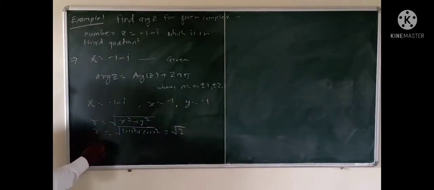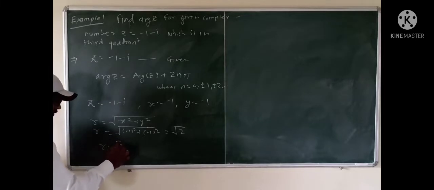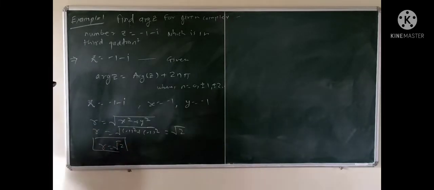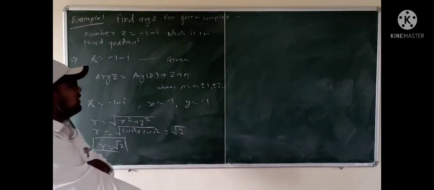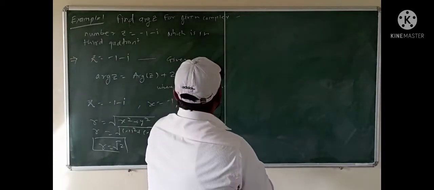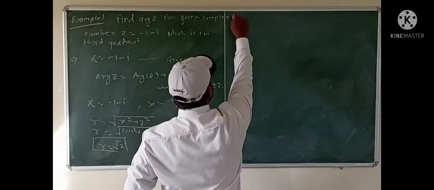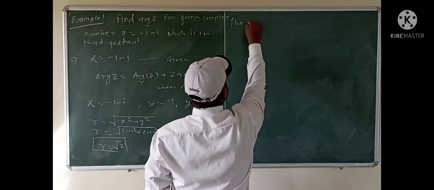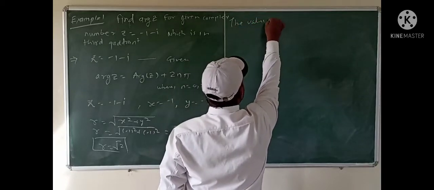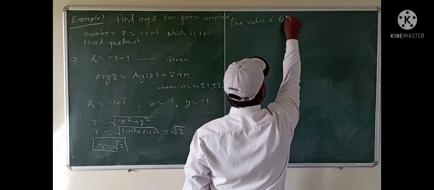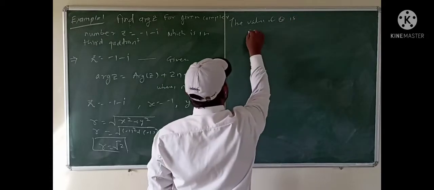So r is equal to under root 2. Now we find the value of theta, or the argument of z. So the value of theta is what?